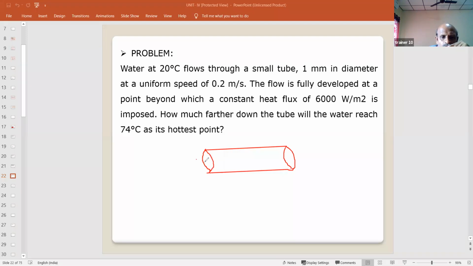At this point we have 20 degrees centigrade, and at this point we have 74 degrees centigrade. Now we have to calculate the length at which we get the 74 degrees centigrade temperature. For that purpose the diameter is given, the velocity of the water flow is given, and the heat flux is also given. So we have to calculate only the length of the pipeline.